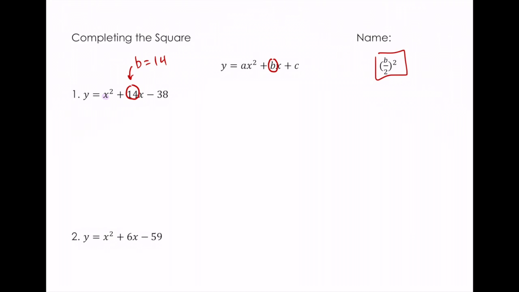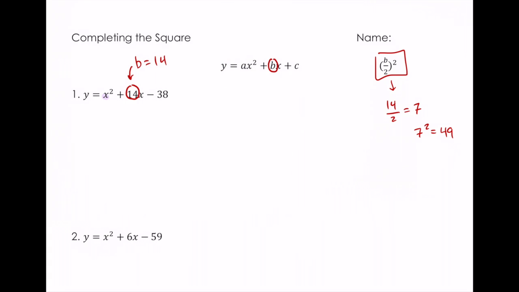I want to find out what b is so I can do this. So b is 14. I'm going to divide that by 2 and I get 7. Now we're going to take that 7 and square it. So 7 times 7, that's 49. So now we're going to use this 49 to complete the square.